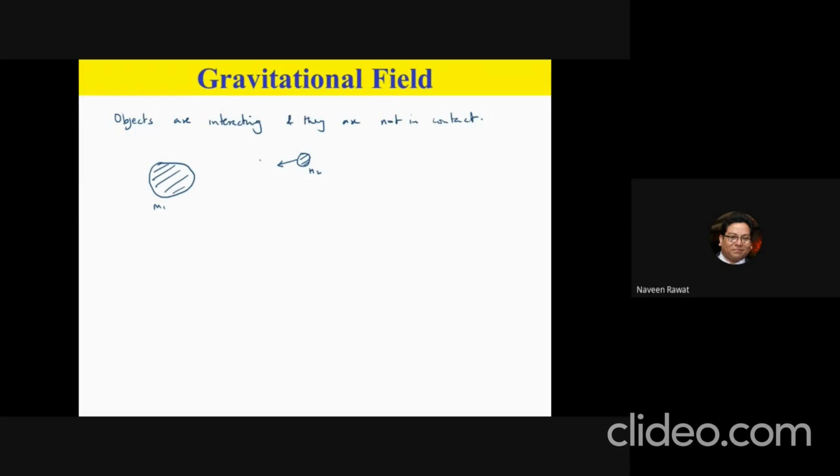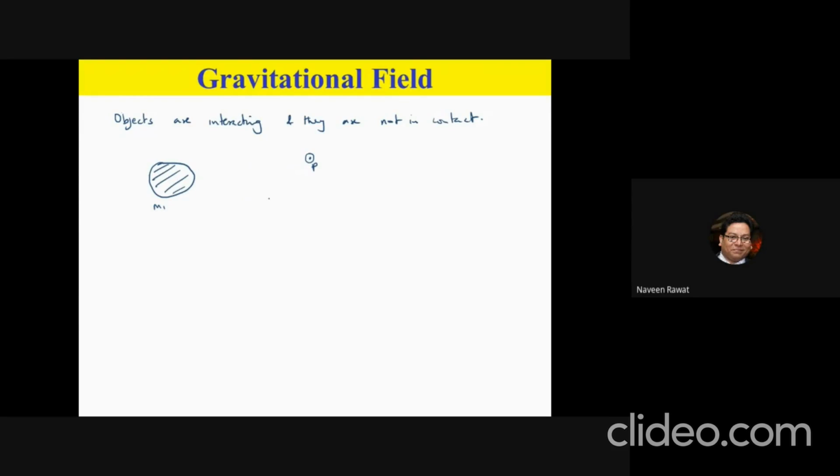Okay, so now what I'm going to say is, what happens if there is no mass here? If there was no mass here, would there be some attractive force existing at this point in question? So that is the thing we are trying to say.